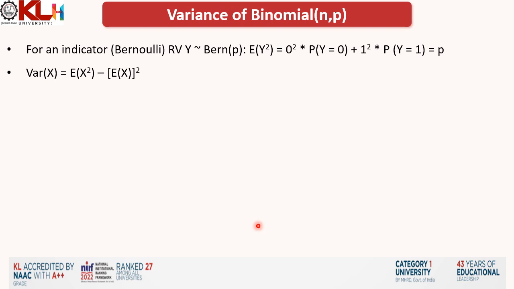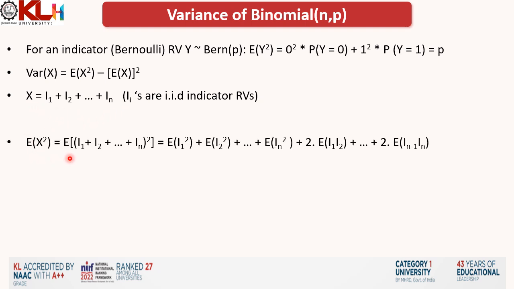So for the variance of the binomial random variable, we already calculated E of x. Now we need to calculate E of x square, and we use a similar method of indicator random variables to calculate E of x square. So as we showed before, x is the summation of the indicator random variables. So E of x square is E of the square of the sum of the indicator random variables.